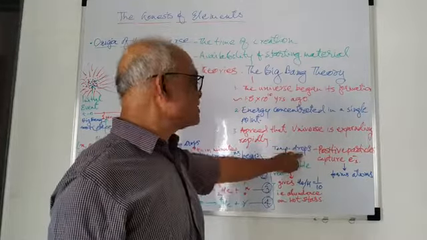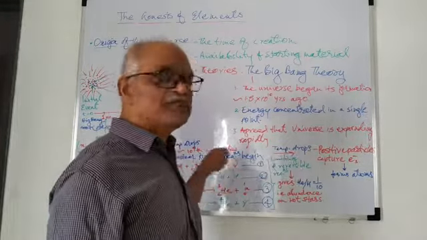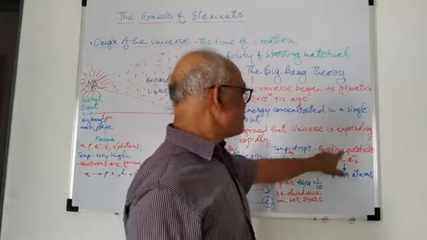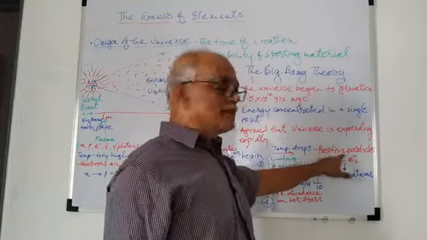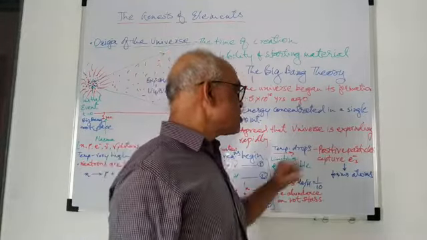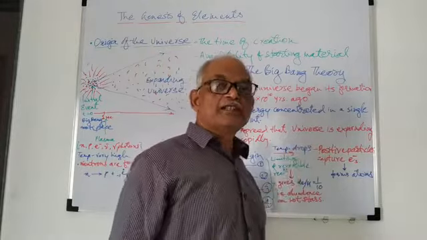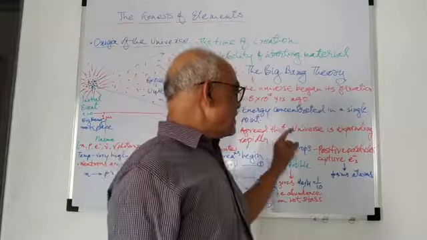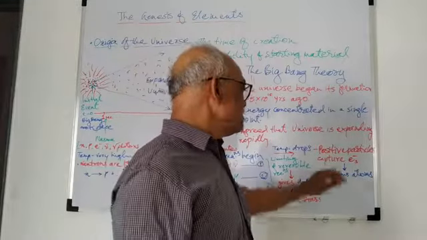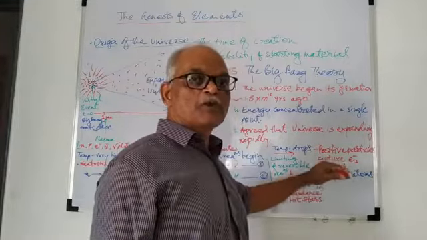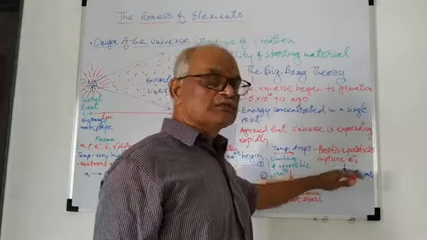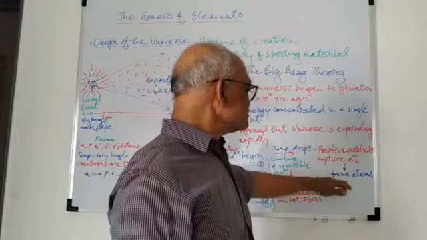The temperature further drops as a result of these nuclear reactions, and positive particles capture electrons and form atoms. So this is the initial stage of the universe, or formation of various matter in the plasma state.